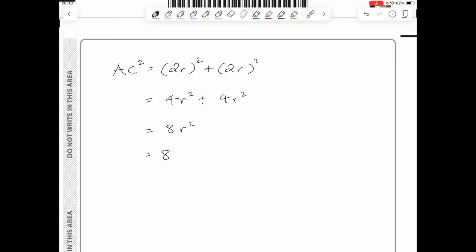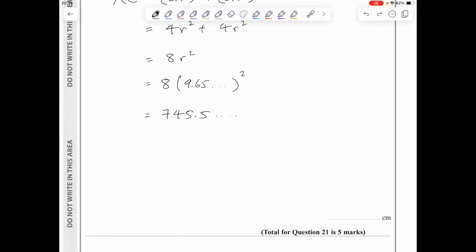So this is 8 times that value I have on my calculator, 9.65 and so on, squared. This comes out to be 745.5 and so on. So AC is equal to the square root of this number. Put that on the calculator and you'll get 27.3 centimeters.